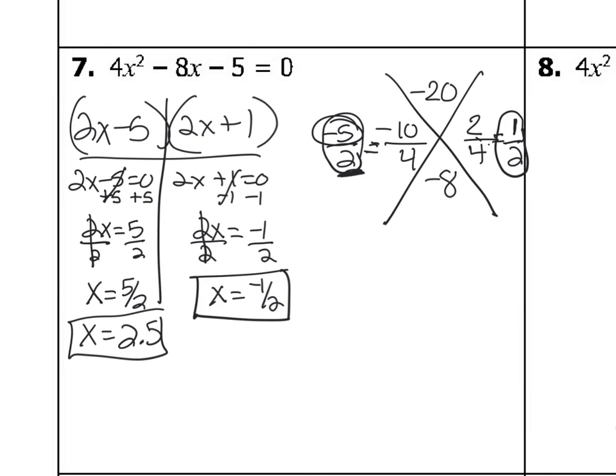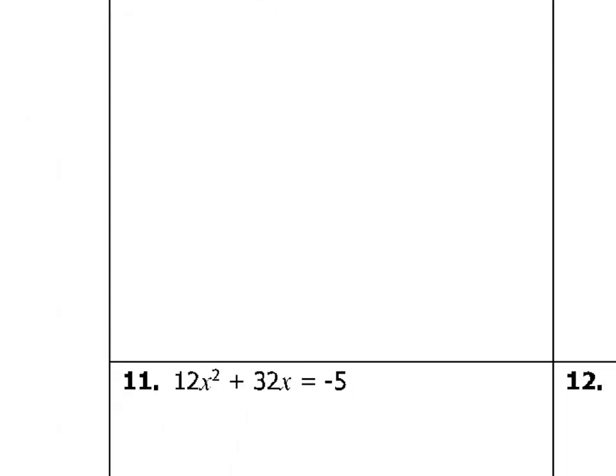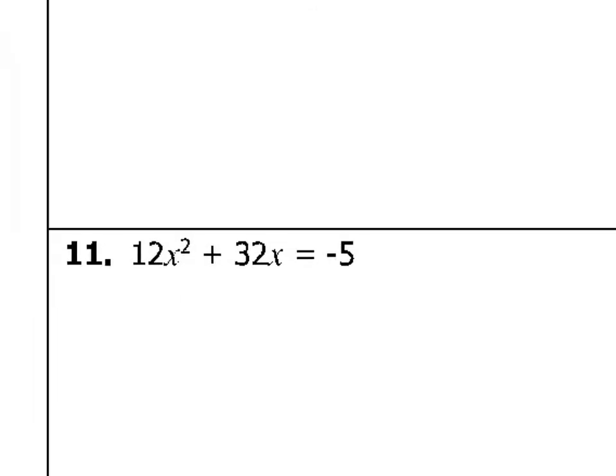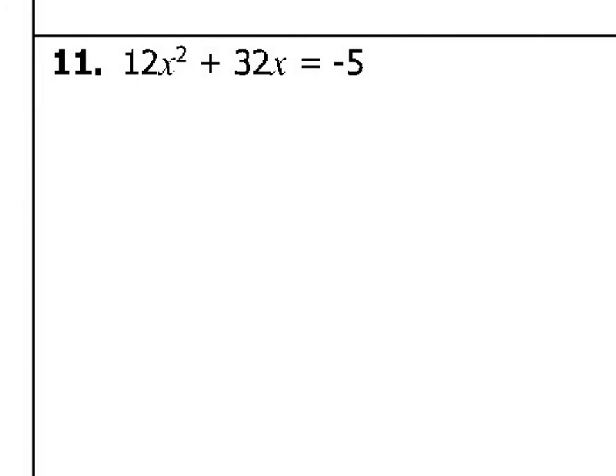All right, let's do one more. Number 11. This one, remember, we need everything set to 0. So I need to take this 5 and make it 0.